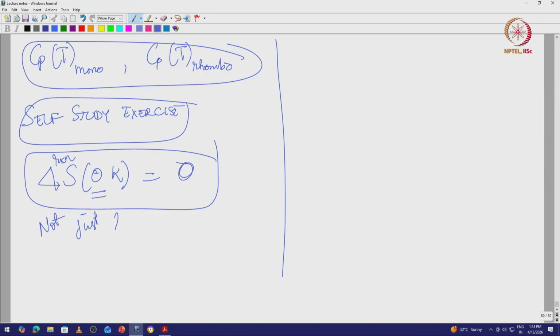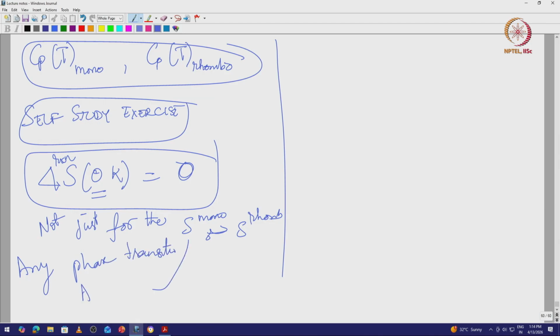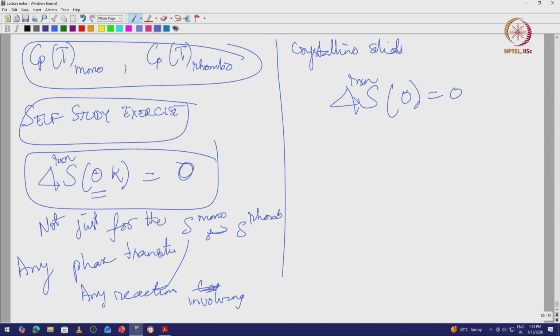And this is not just for the reaction that we considered, sulfur mono to sulfur rhombo. Any reaction, any phase transition, or any reaction involving crystalline solids, you can do similar exercises, because Cp's have been computed, and you will find that delta S of the reaction at 0 Kelvin is equal to 0.